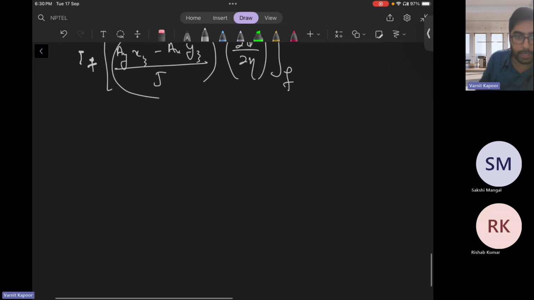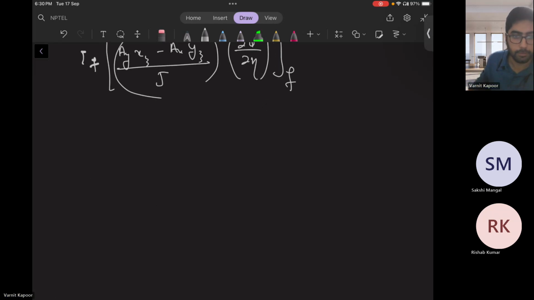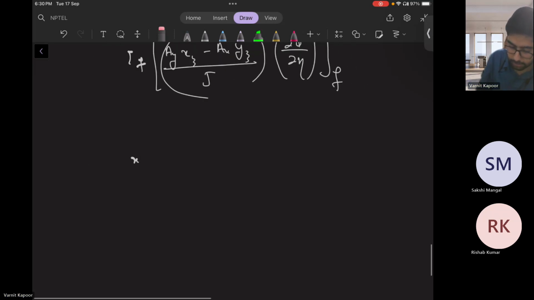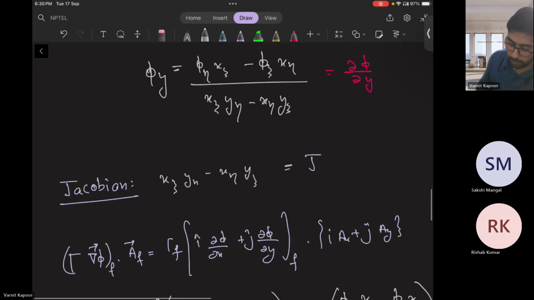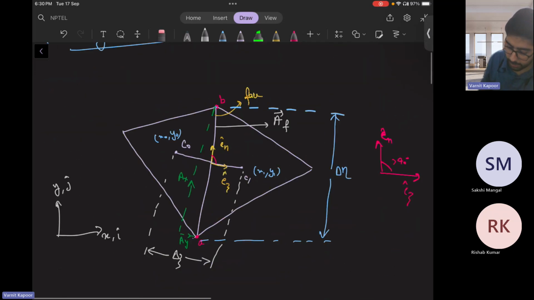So how will you write X zeta? X zeta, which is dou x by dou zeta, is nothing but x1 minus x naught over del zeta. You observe the diagram I've already made.